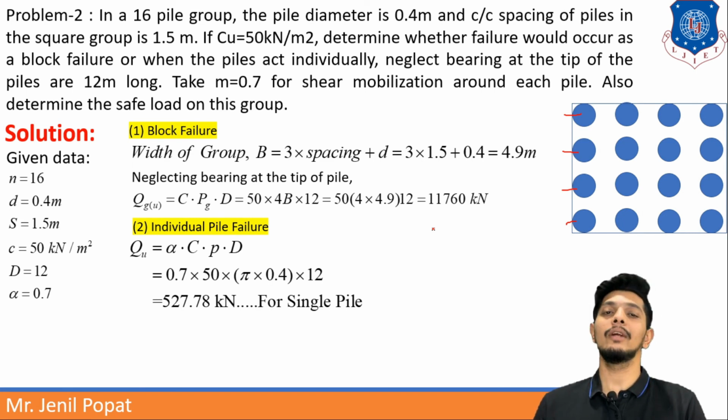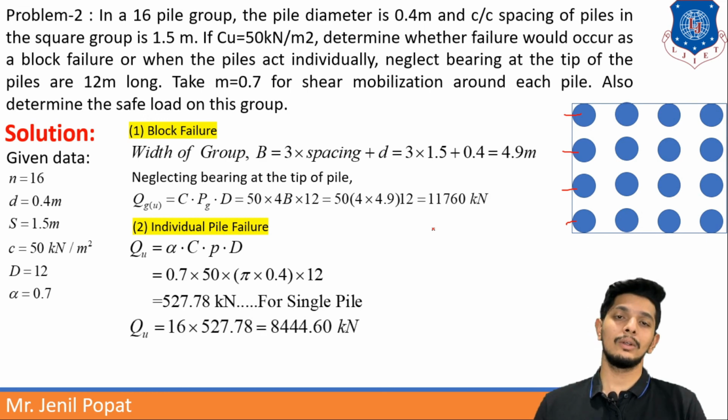For one pile we are taking pi into D. So pi into 0.4 and depth, that is given as 12. So the capacity of a single pile is 527.78 kilonewton. Now there are 16 piles, so multiplying it by 16 for the total 16 pile capacity, it comes out as 8444.60 kilonewton, which is much lesser than the group capacity.